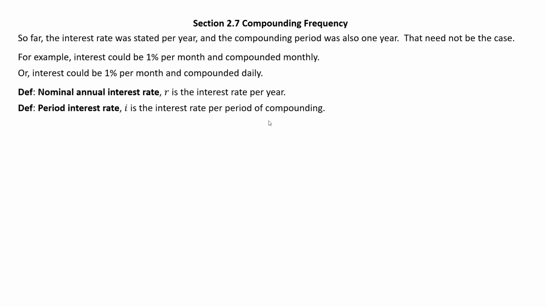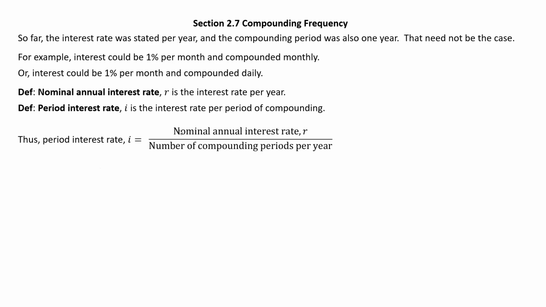So they both matched. But like I said, it need not be the case. So we need to clearly identify this thing as I, the interest rate per period of compounding, not per year necessarily.